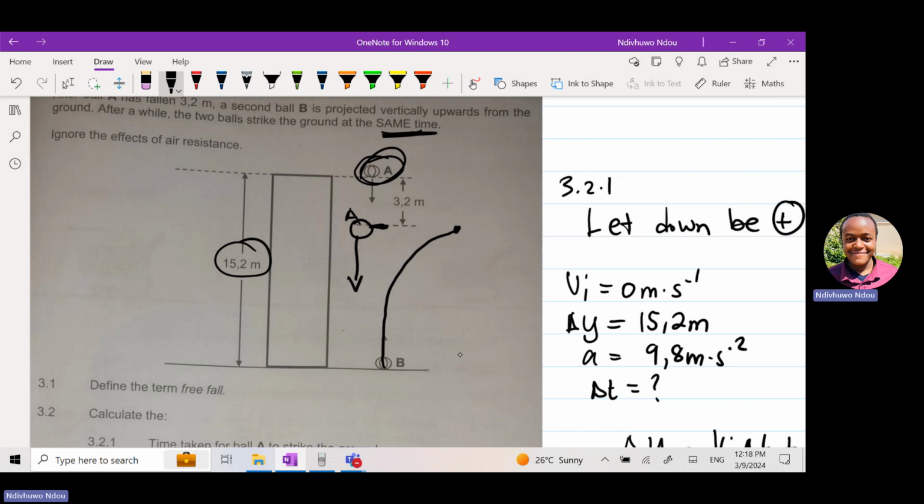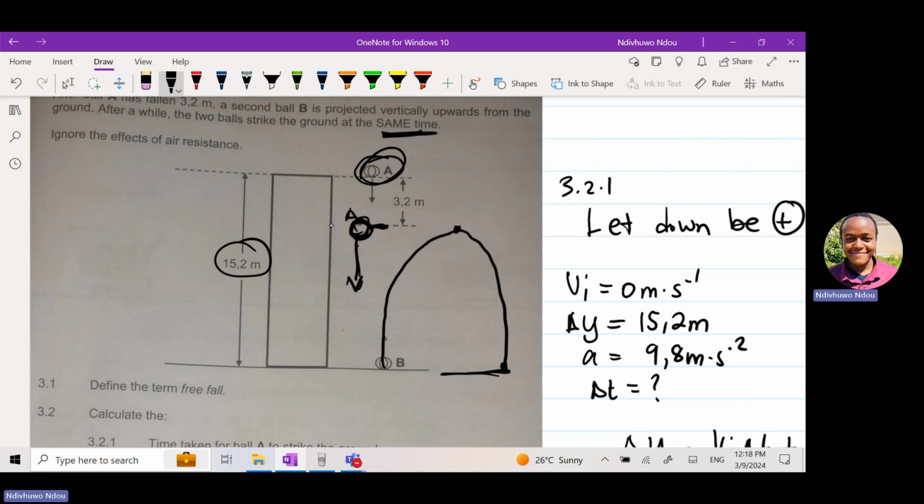It only makes sense to say that if ball B has to strike the ground at the same time as ball A, then when ball A was at 3.2 and they started to project ball B, it must go up, reach a maximum height, and fall down in the same time that ball A takes to move from that position going downward.